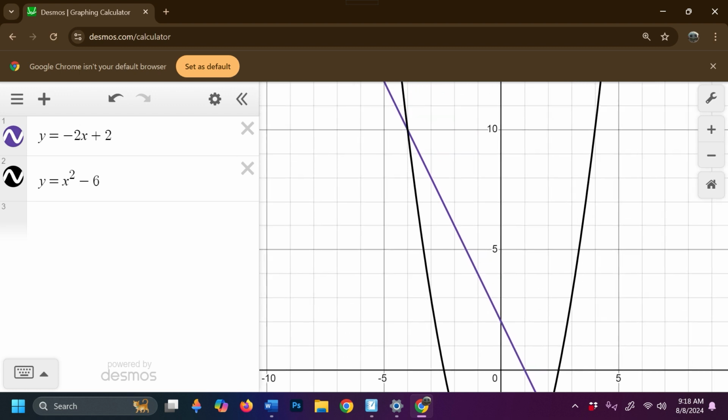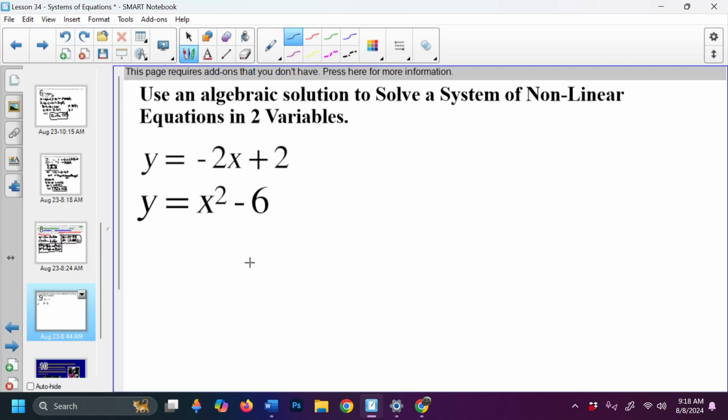So the solution will be both of those 2 points. Now, yes, I can click on them, but the question asks us to do it algebraically, so we're going to want to do that. Now, I also notice that both of these equations have been solved for y. I can do a substitution, and I can set these equations equal to each other.